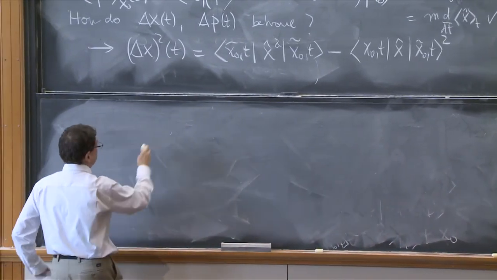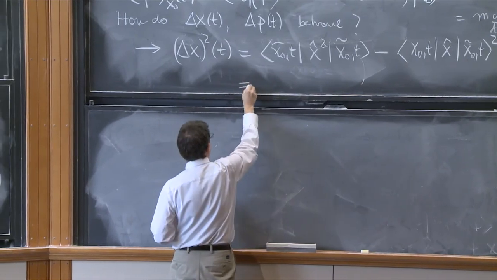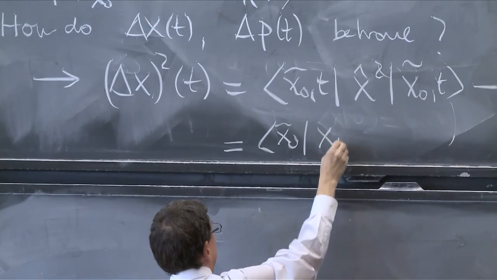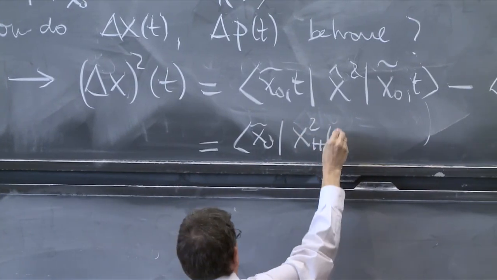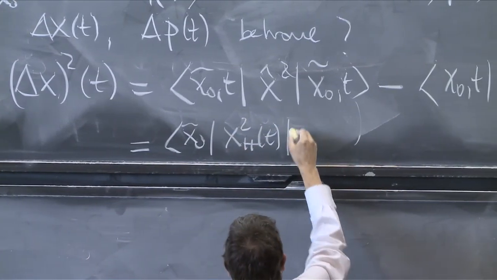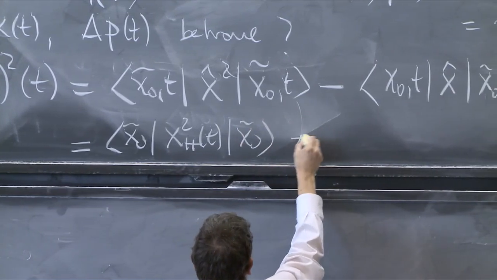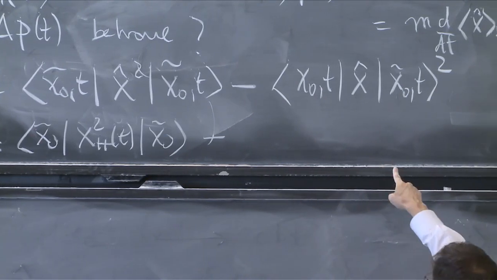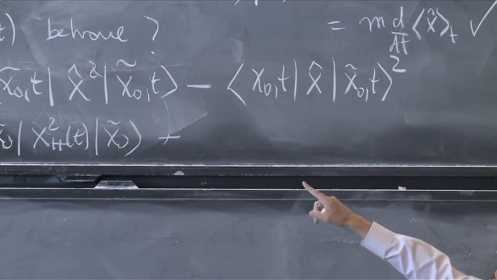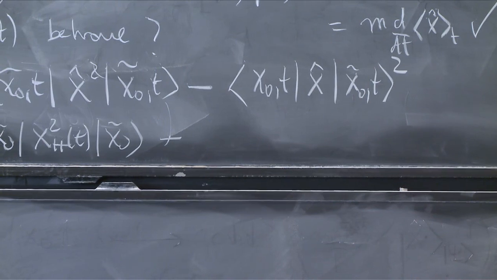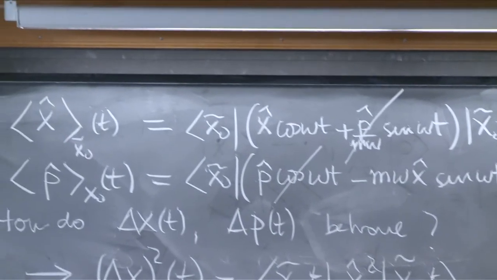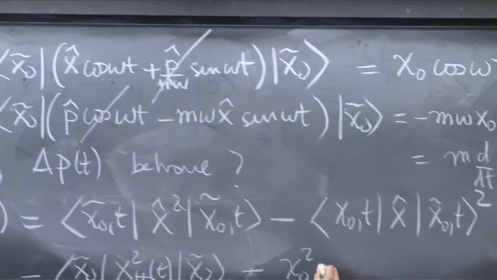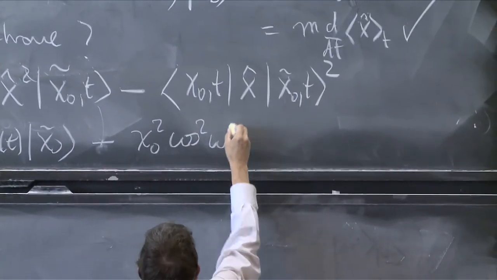So this thing would be x naught, x Heisenberg squared of t, x naught, minus, this is simple. This we've calculated. It's the expectation value of x in time. It's that. So this is minus x0 squared cosine squared of omega t.